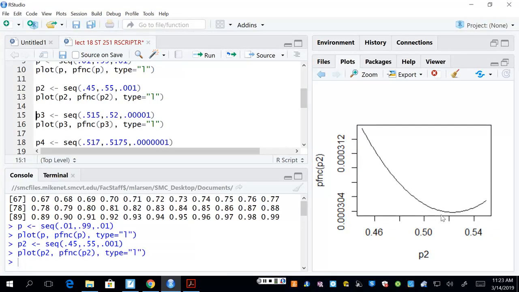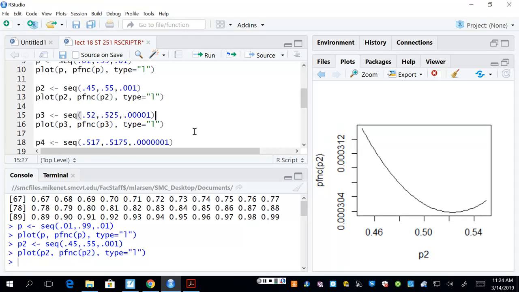We know this thing's quadratic in p and 1 minus p, so it's going to have a nice quadratic form, with no wiggles and things like that. I did these numbers based on the old one. So that's 0.5, 0.52. It looks like it's bigger than 0.52, so I need to adjust this a little bit, to maybe 0.52 to 0.525.